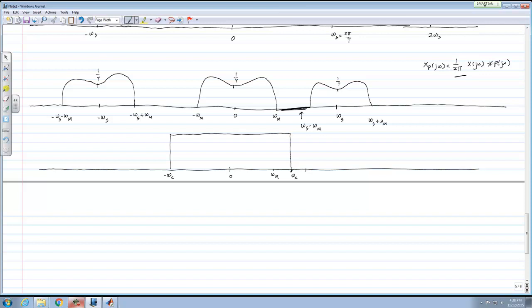If I were to filter my X p of j omega with such a filter, what would happen? In fact, I will make the gain of this filter T, so it's an ideal low pass filter. The gain is not 1 but T. What would happen if I were to filter X p of j omega with this H of j omega?